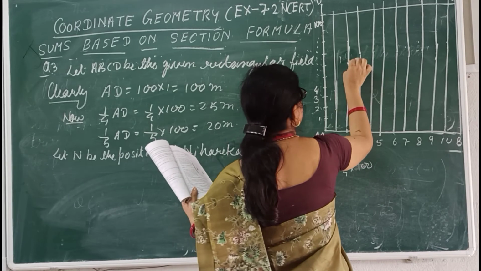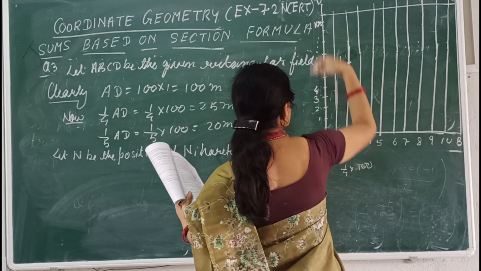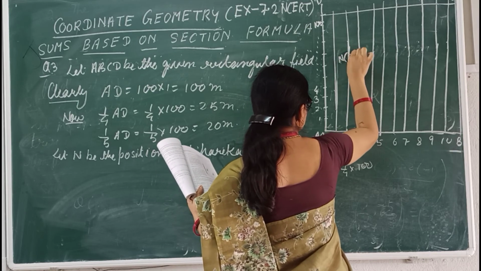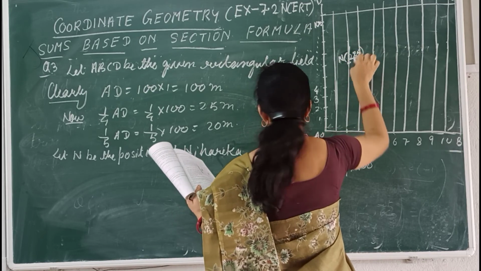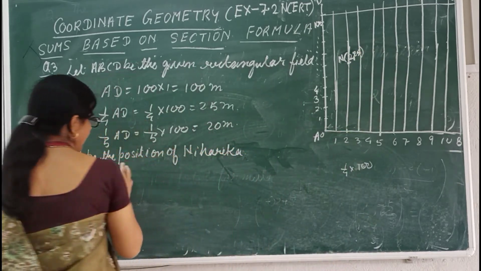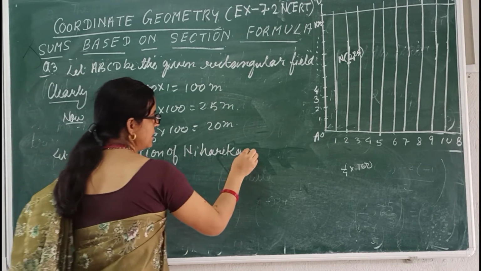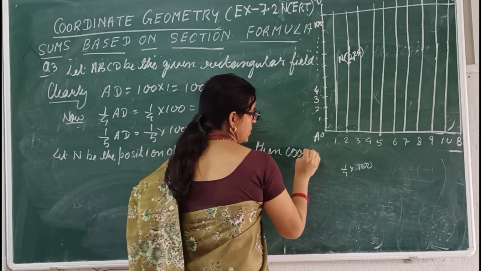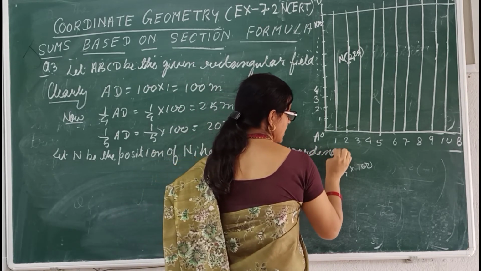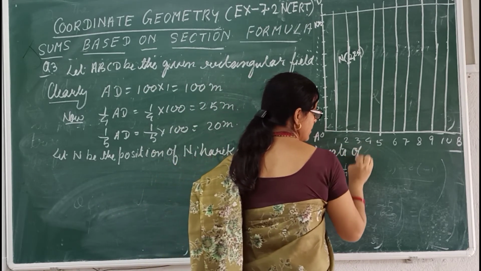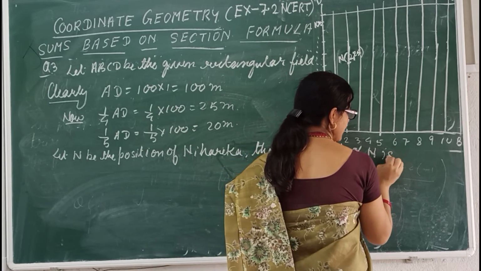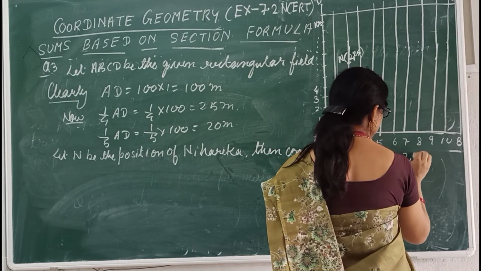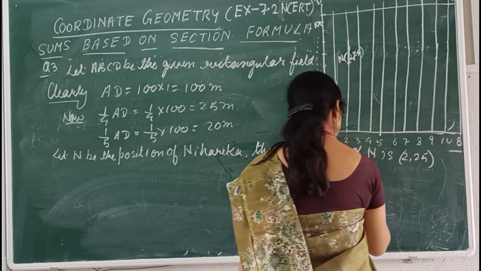So suppose over here it is 25 meter, this along AD. So the coordinates of N will be 2, 25. I think now you understand. Let N be the position of Niharika. Then the coordinate of N is how much? Second lane, and distance is 25 meter. 2, 25.